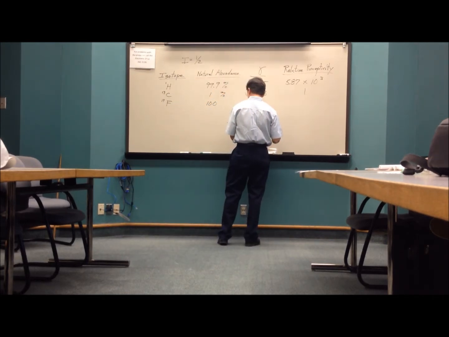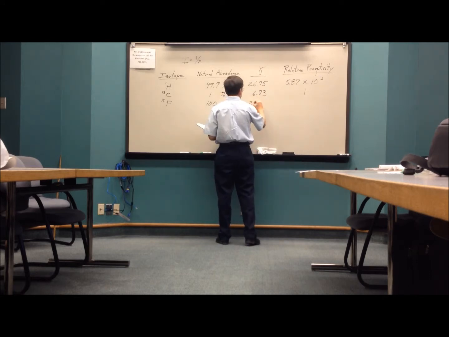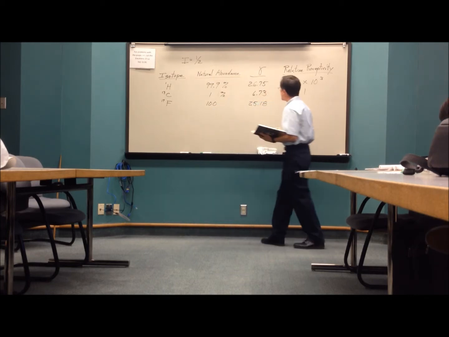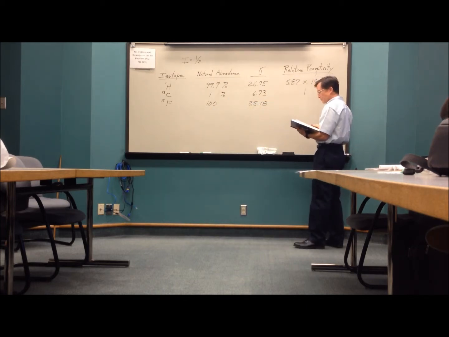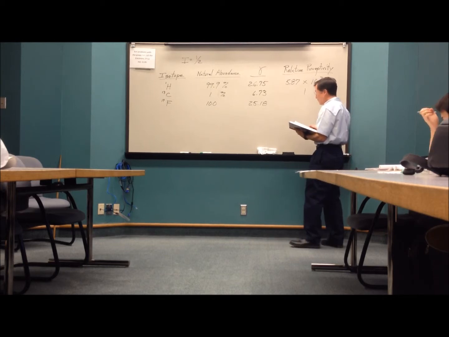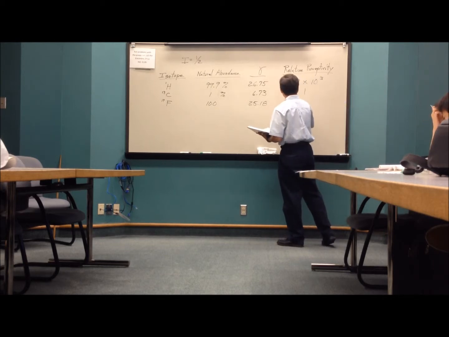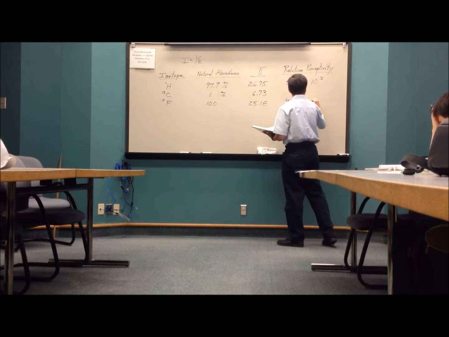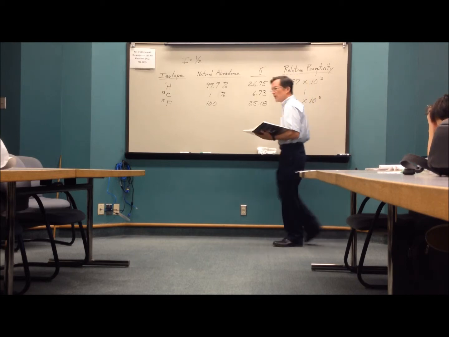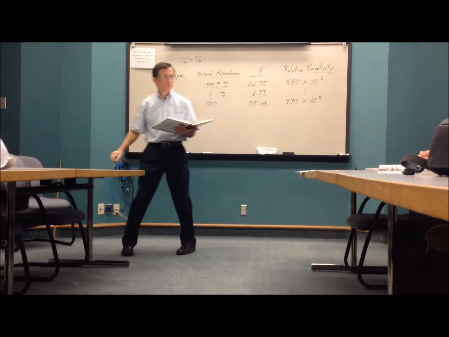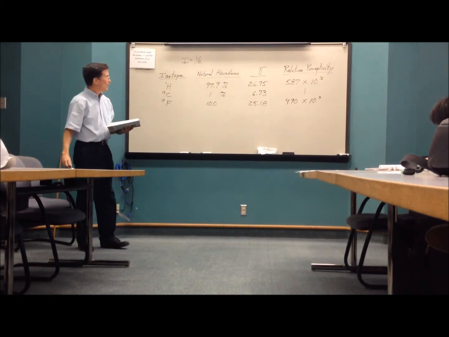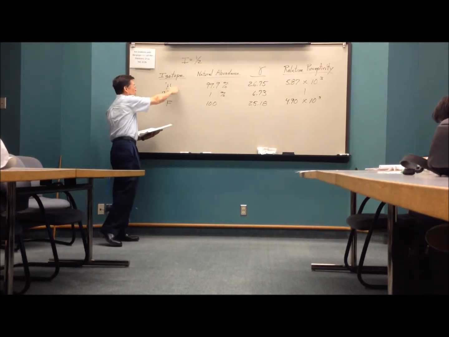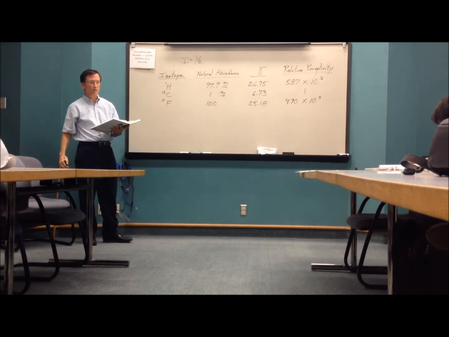Its magnetogyric ratio is 25.18, virtually the same as hydrogen. And so it's not surprising that its receptivity is also about the same as hydrogen. So pretty much everything you know about hydrogen can probably equally be applied to fluorine.